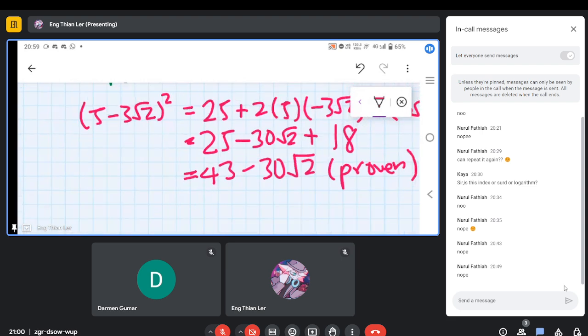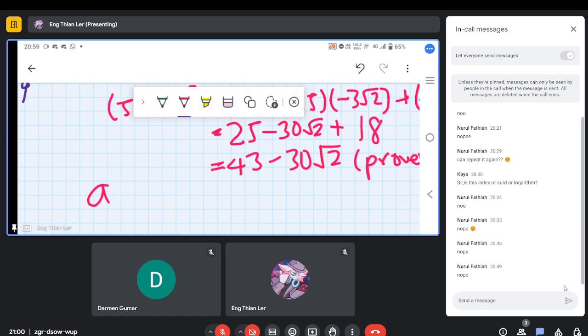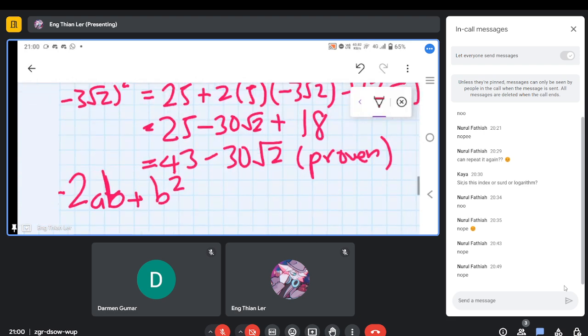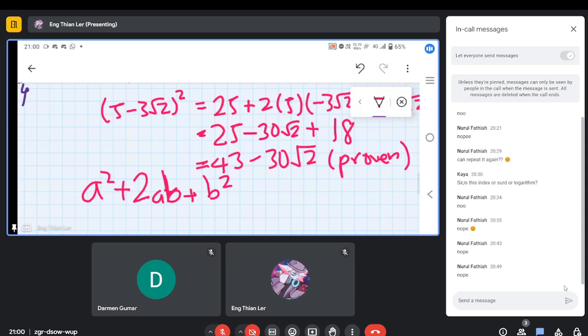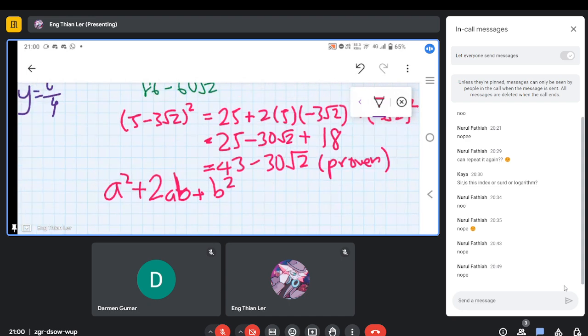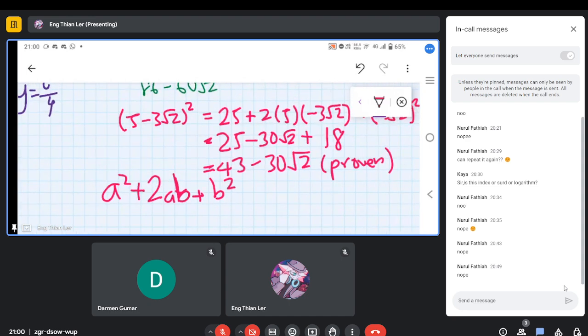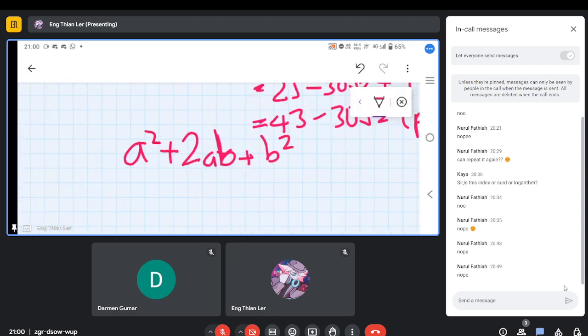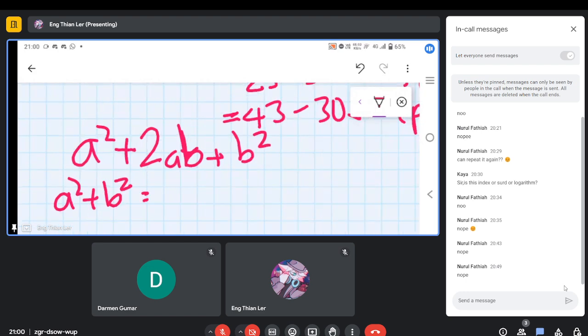When we do a squared plus 2ab plus b squared, we need to know what gives us the whole number and what gives us the square root. So eventually a squared plus b squared will give us the number, which is 86.